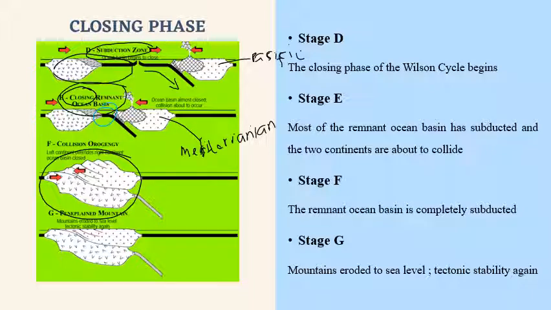A great example of this is the Himalaya. And in the last stage, G, the mountains erode to sea level and there is tectonic stability again.